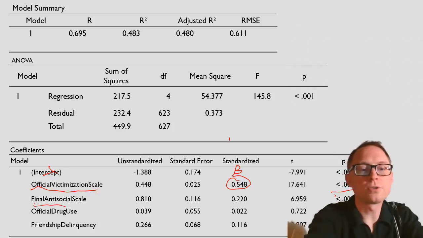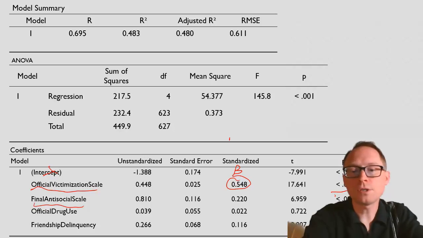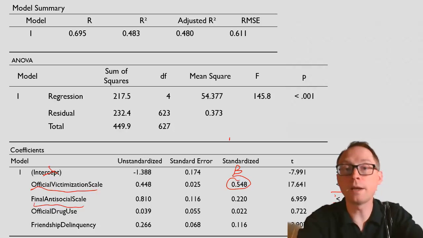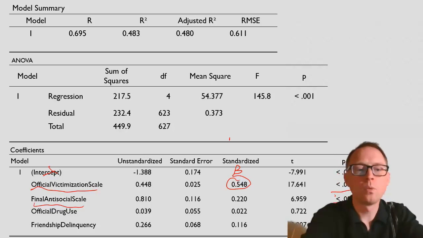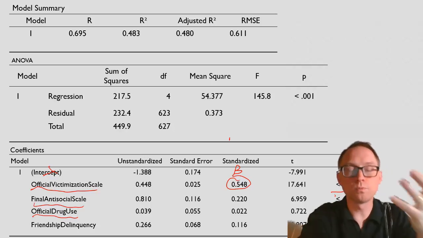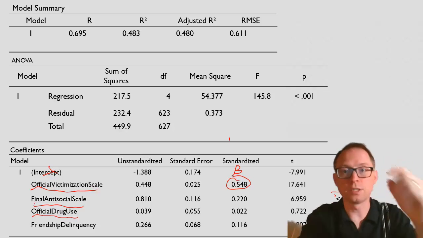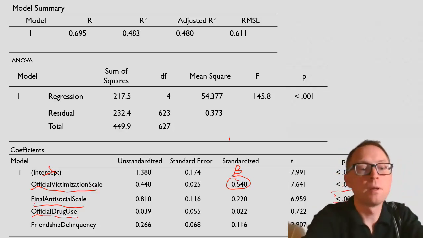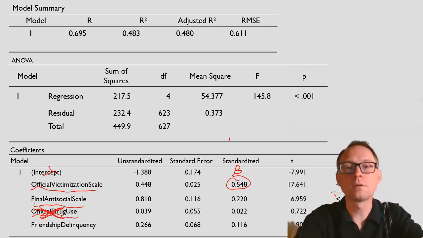What about antisocial? Well, antisocial is also less than 0.05. So yes, it also predicts it independently of everything else. What about drug use? Well, drug use, look at this. This p-value is 0.471. Even though drug use was one of the four that together predicted bullying behavior, by itself, when you control for everything else, drug use does not significantly predict whether you're going to be a bully yourself.